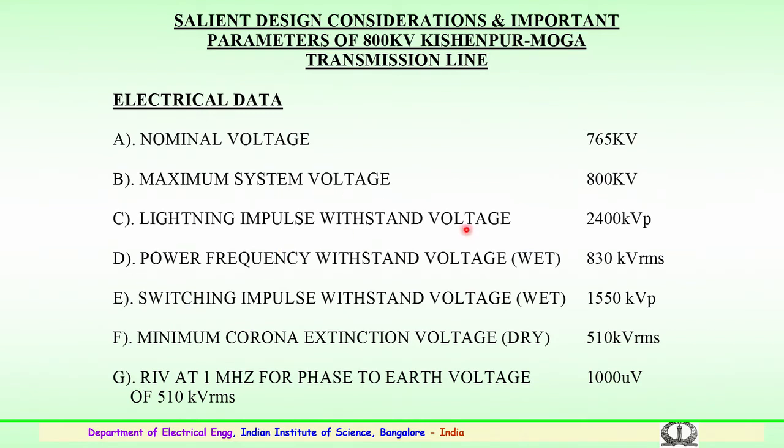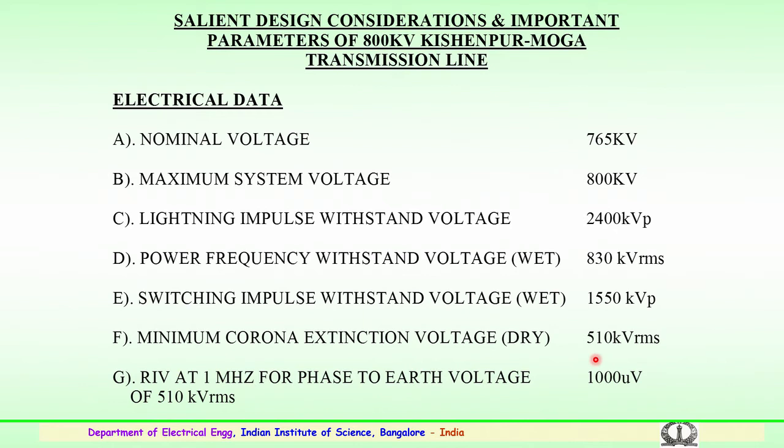The lightning impulse withstand voltage was designed to be 2400 kilovolts peak. The power frequency withstand voltage in wet conditions, rain conditions, is 830 kilovolts RMS. Switching impulse voltage in wet conditions is 1550 kilovolts peak, and the minimum corona extinction voltage in dry conditions is to be measured at 510 kilovolts.